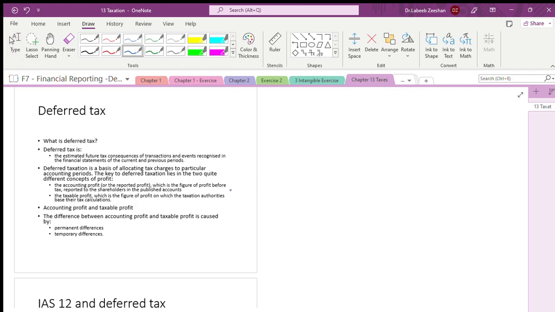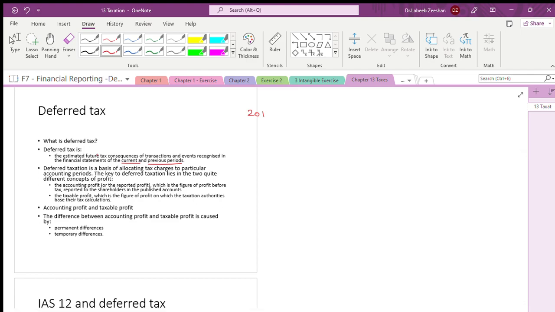What is the concept of deferred tax? It is the estimate of future tax consequences and events recognized in the financial year of current and previous periods. In taxation you have to be very accurate.